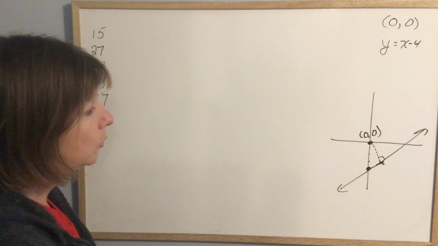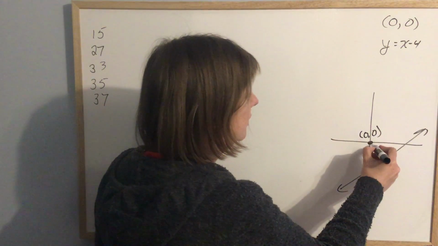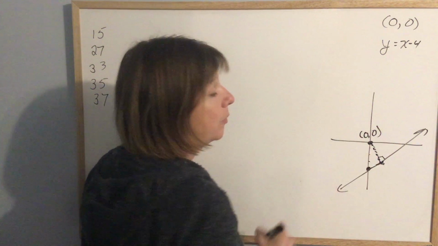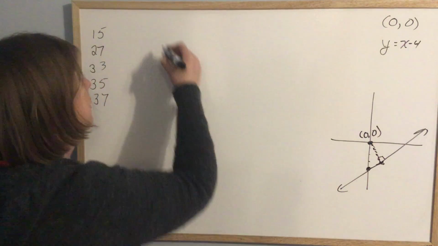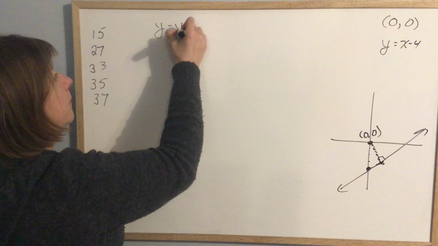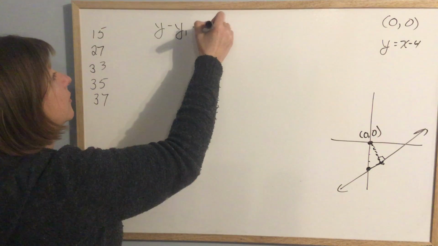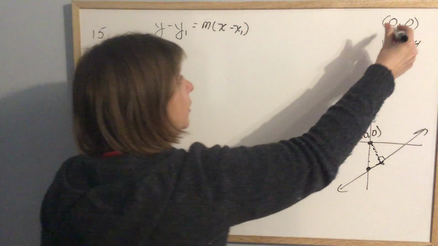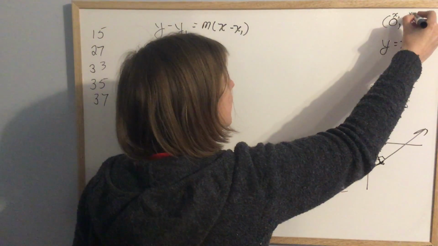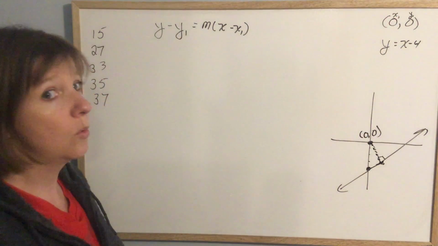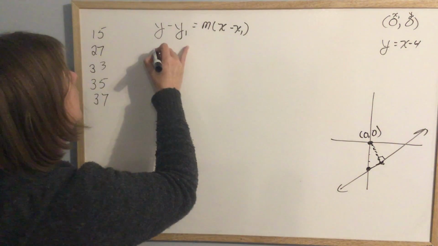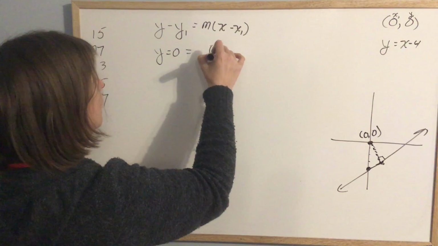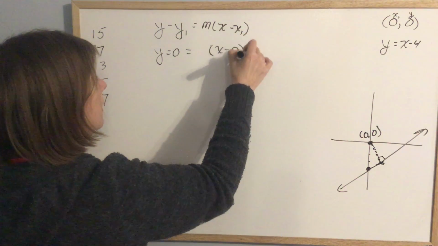So the first thing I'm going to do is find an equation that represents this line from the 0 and 0 point to here. To figure out an equation of a line, it's y minus y1 is equal to slope times x minus x1. The x1 and y1 are going to be the point that you know, which is 0 and 0. So it's going to be y minus 0 is equal to whatever the slope is times x minus 0.